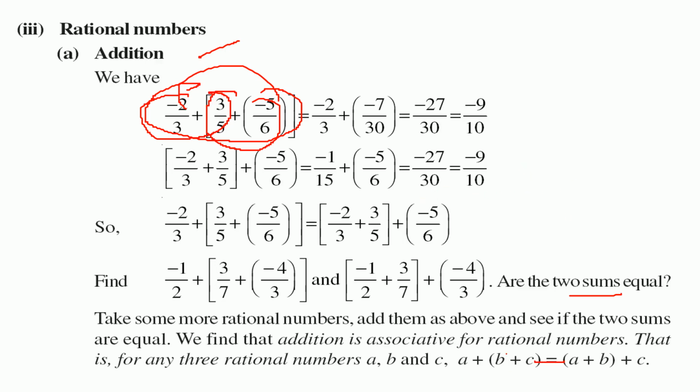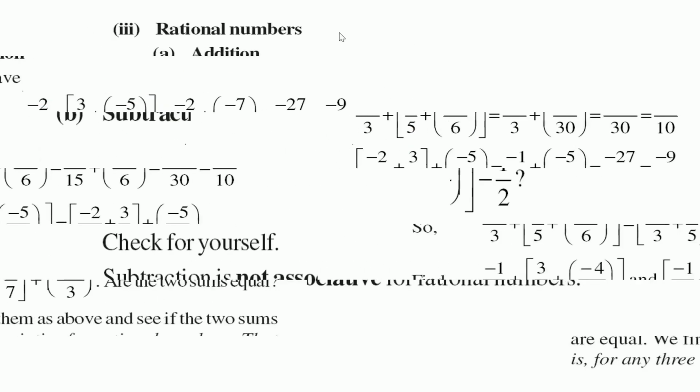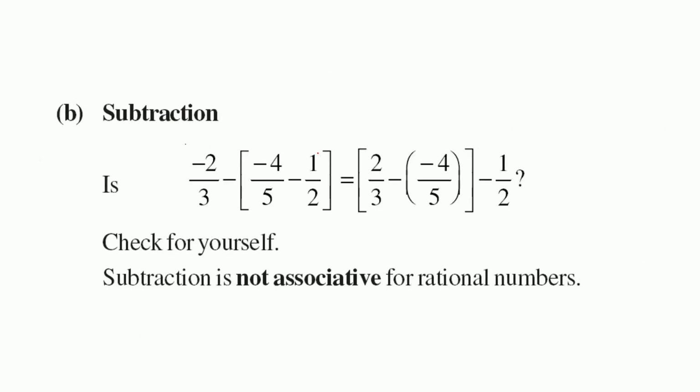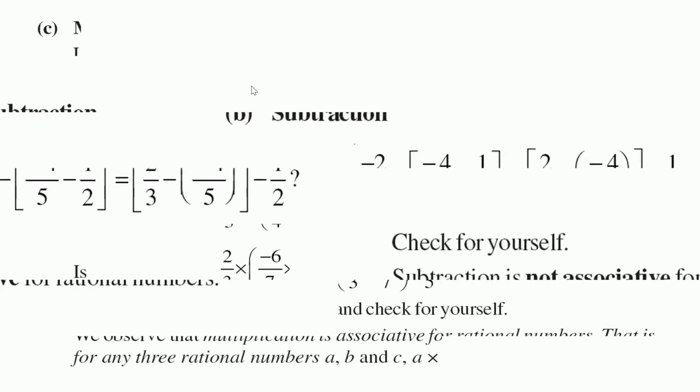So addition is associative for rational numbers. So A plus B plus C means B plus C you are adding first and A plus C you are adding here. So these remain the same. When it comes to subtraction, you will clearly see in these two results, the results will be different. So subtraction is not associative with respect to rational numbers.